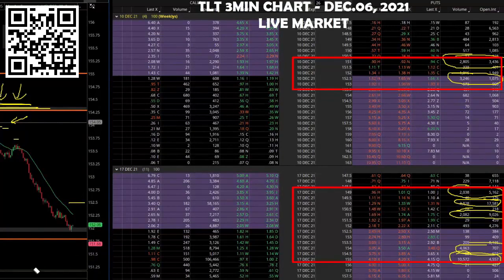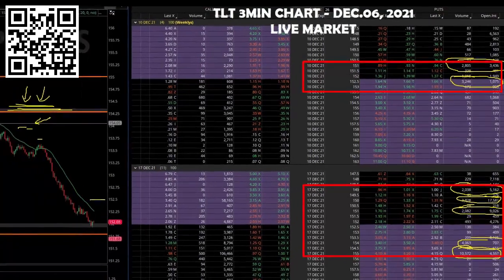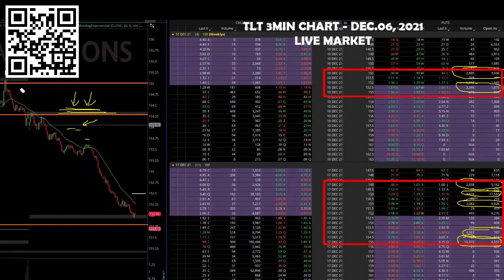And the trading plan since the beginning of the day was pretty simple. You look at the daily chart, you saw the supply zone and the demand zone, and we were on a supply zone. So we waited for the market to open and see where price was going.